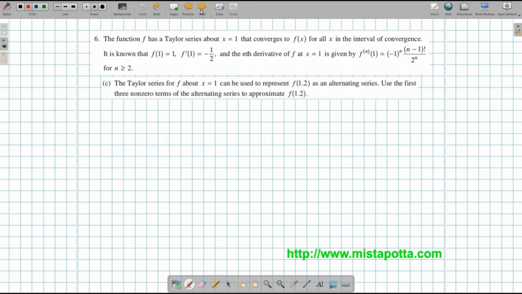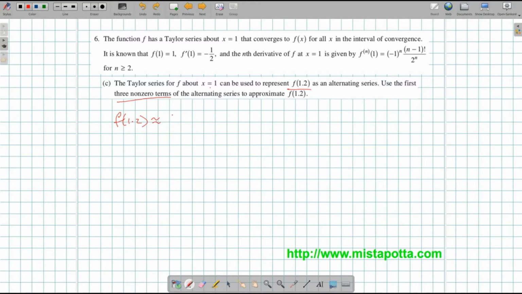All right, and part C says the Taylor series for f about x equals 1 can be used to represent f of 1.2 as an alternating series. Use the first 3 non-zero terms of the alternating series to approximate f of 1.2. So if I'm looking at this to approximate this, I need to say that f of 1.2 is going to approximately be equal to what happens when I substitute into the first 3 terms.